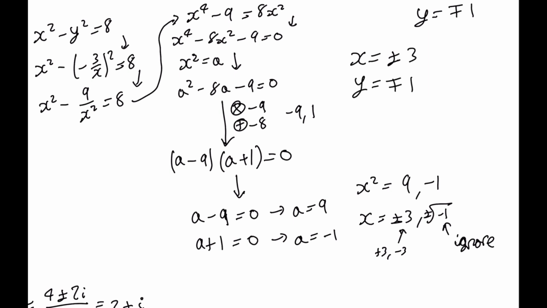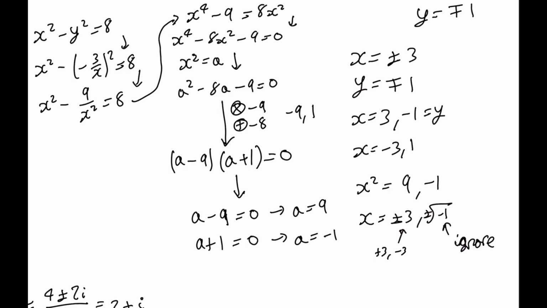This means if x is positive, so say x equals 3, then y has to be the negative of it. That's why it's flipped over here. So we will get minus 1. And if x is equal to minus 3, our value of y has to be the negative of that, which is positive 1.